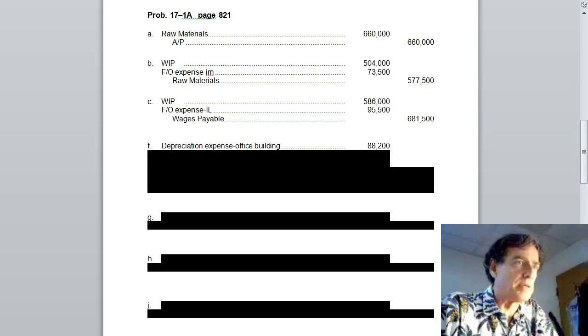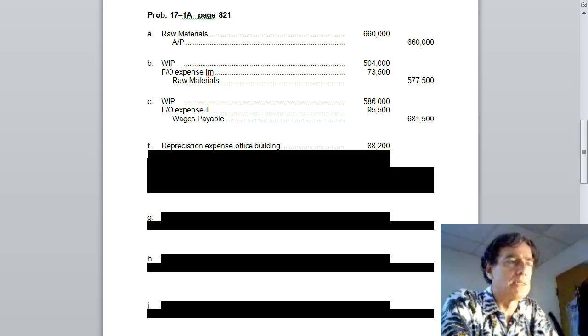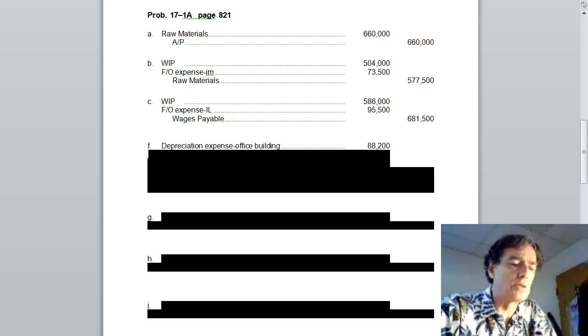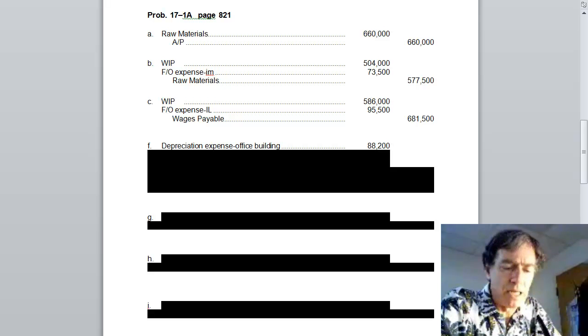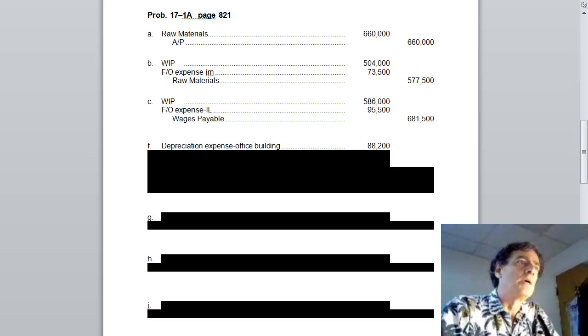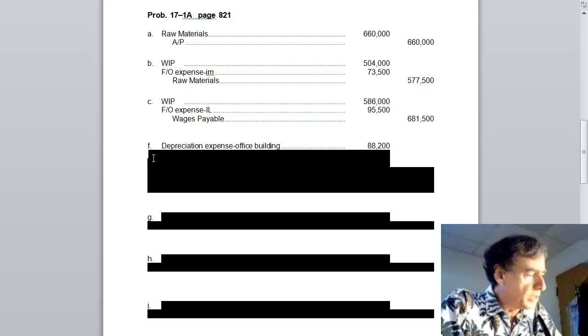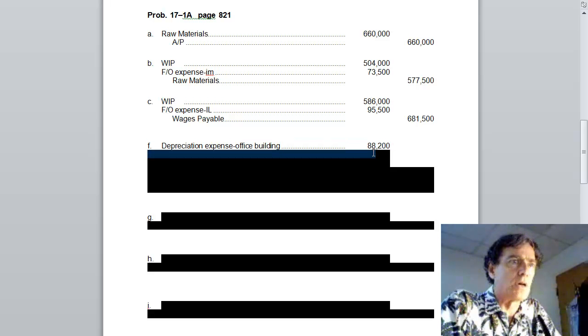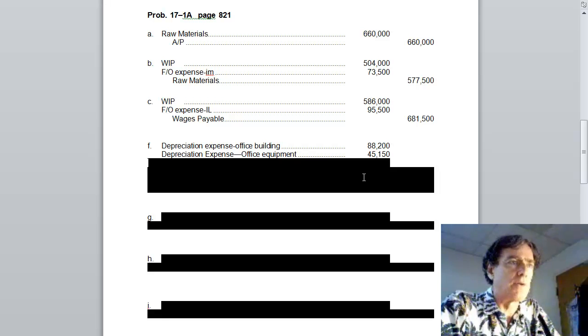We've got office building first of 88.2, so I debited depreciation expense dash office building. There can be many assets that are listed, so I like to have sub-accounts for depreciation. And the next one was office equipment, so I debited depreciation expense dash office equipment for 45,150.